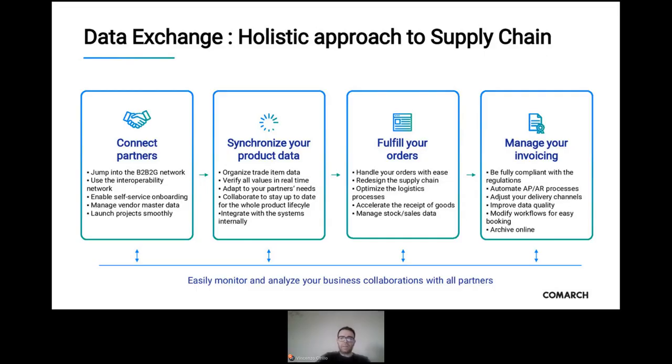And this can also help companies become more agile.